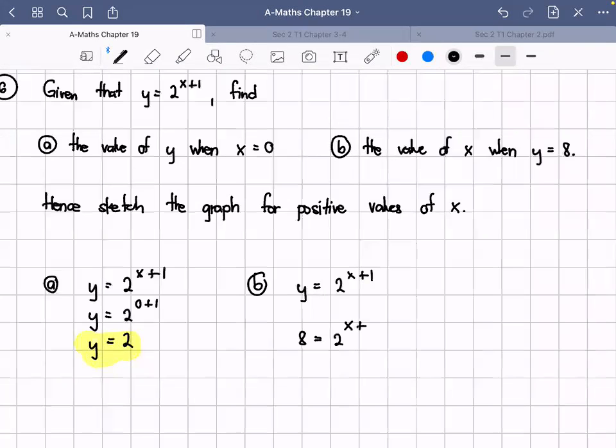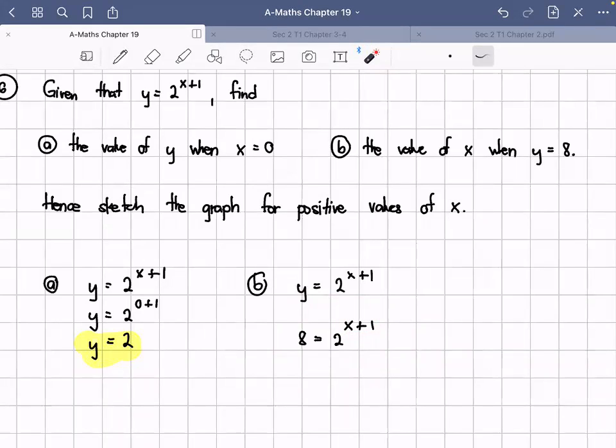Please help me on this one. How do we solve for x? By the way, where is our x? It's in the exponent, right? It's an index. So how do we solve for this x if it's here?